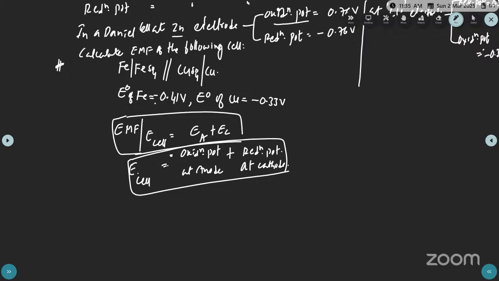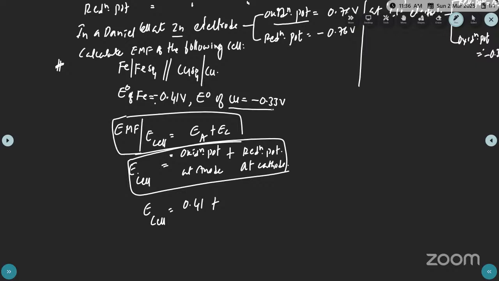Substitute the values. E cell is equal to oxidation potential at anode, 0.41. The given potential is reduction potential, but we require oxidation potential, so we take plus 0.41, plus reduction potential at cathode.